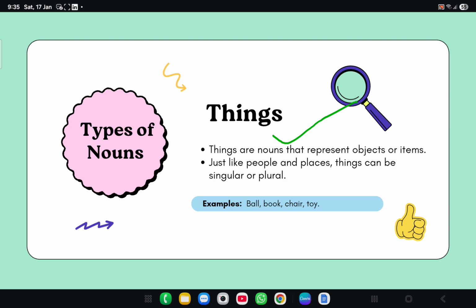Things can be singular or plural, that is objects, items, that could be given in any form. Examples: ball, book, chair, toy. Like this, we can recognize things in the sentences.